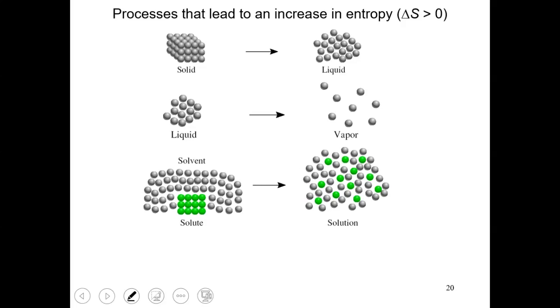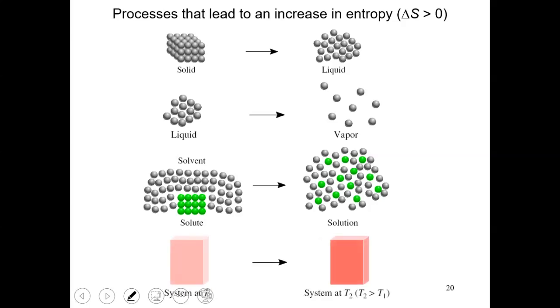But once it's in solution, they get dispersed, and so there's more freedom of movement, and they're going to distribute themselves in many more ways. Don't forget that in this process, the solvent is also undergoing a change in entropy. So in the end, we're going to have to consider both of them if we want to have an idea of the actual entropy change.